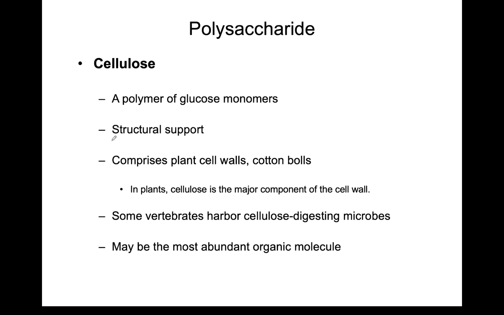It structurally supports living organisms such as plants. Cellulose comprises plant cell walls and cotton balls, and in plants, cellulose is the major component of the cell wall. Some vertebrates harbor cellulose-digesting microbes. Cellulose may be the most abundant organic molecule on earth.